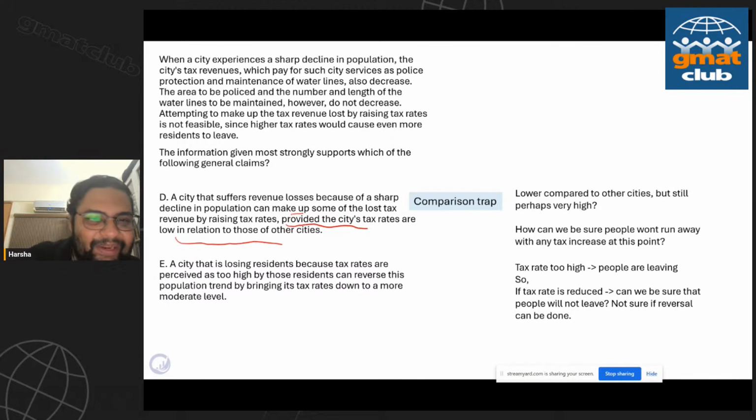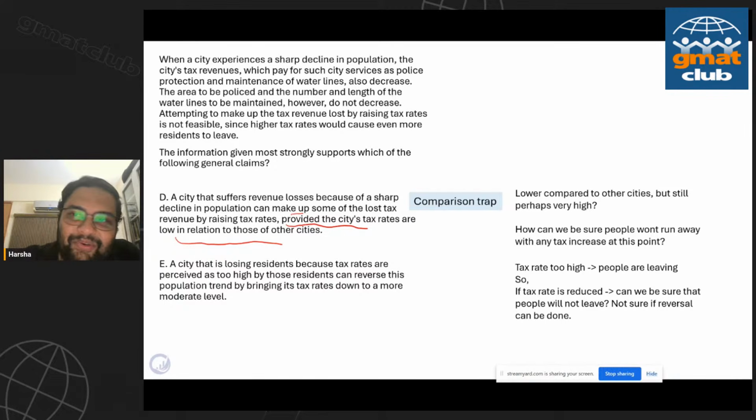Essentially, what am I telling you? If I'm the city and if I'm suffering revenue loss because of this sharp decline, I can make up for it, at least some of that tax revenue, by raising the tax rate, provided my tax rate is low compared to other cities. What is the assumption there? Are you assuming that just because my tax rate is low compared to others, my tax rate is low?